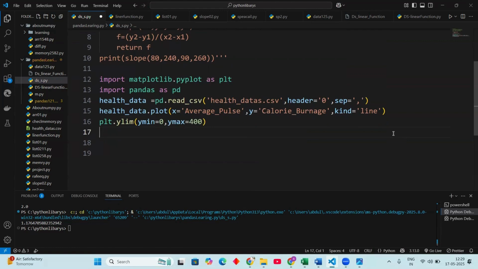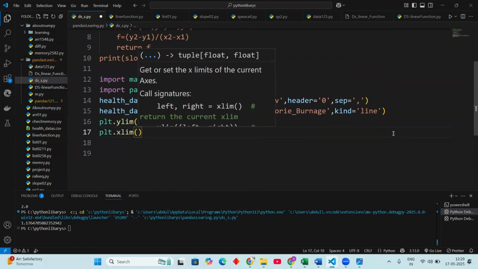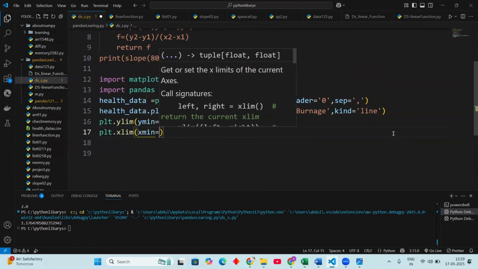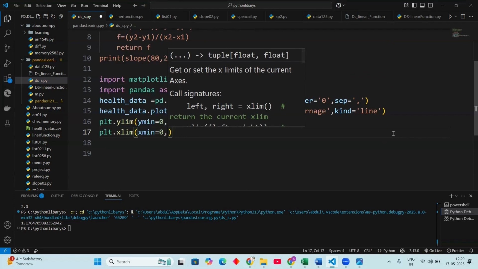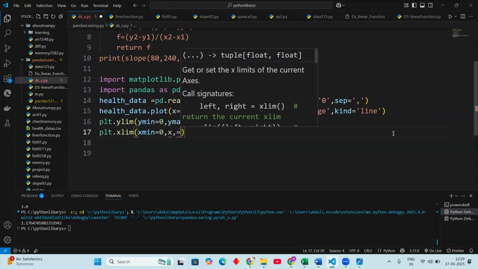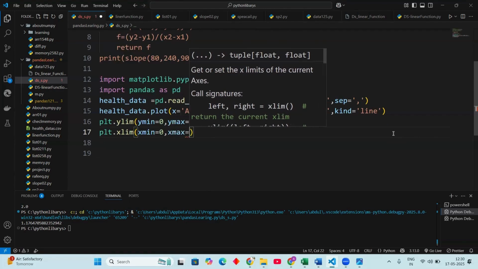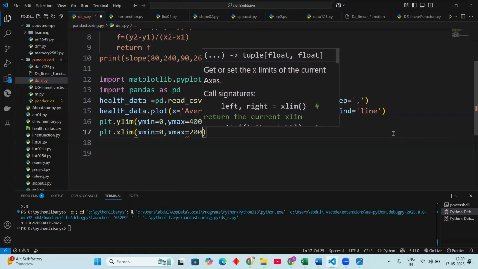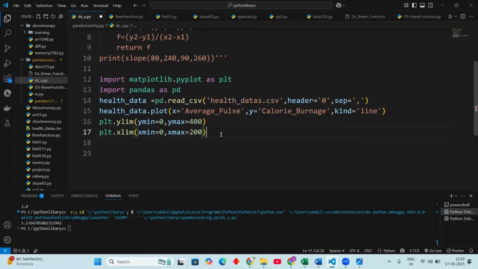So I take the max value as 400, right? ylim for it. Okay, y min equal to 0, right? And x max equal to 200. I take this data because I am making a prediction for it.